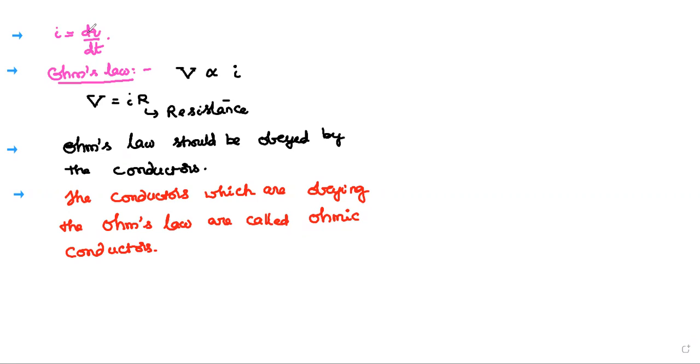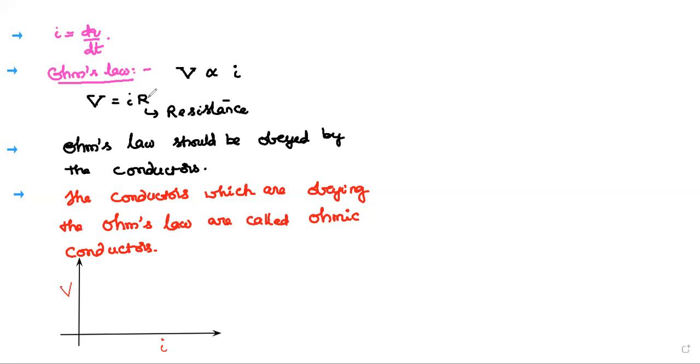Where we find the difference is, suppose I draw a graph between V and I, potential and current. It is like y equals mx. Y is potential difference, X is current.